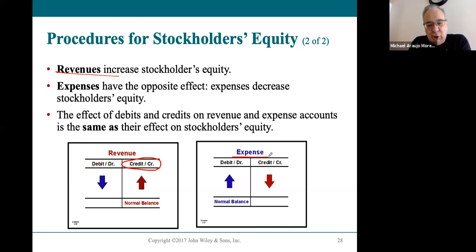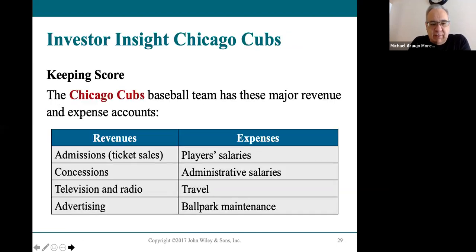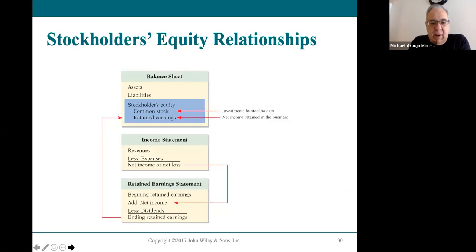However, expenses, as you know, decrease retained earnings. They decrease the profits of the company. So all expenses will show up here on the debit side, because the more expenses you have, the less retained earnings you have, the less profit you have. So that's something that you're going to need to look at.